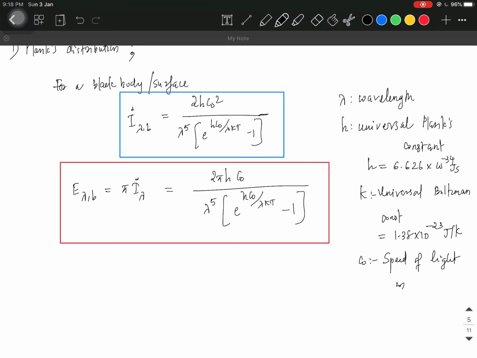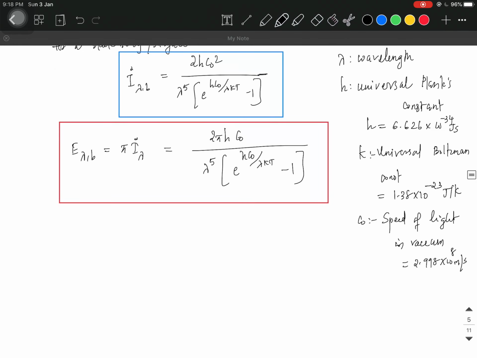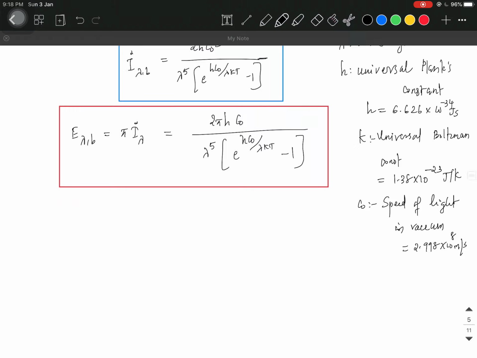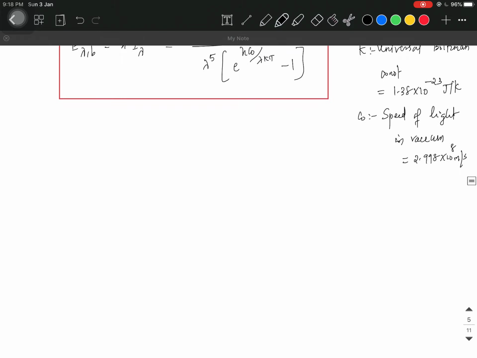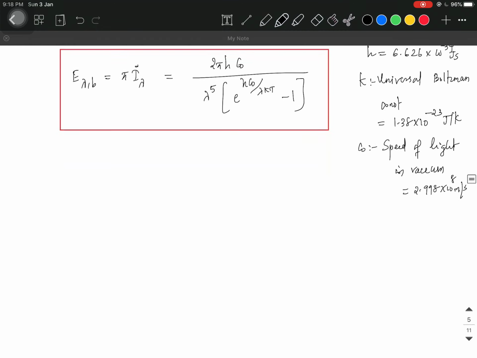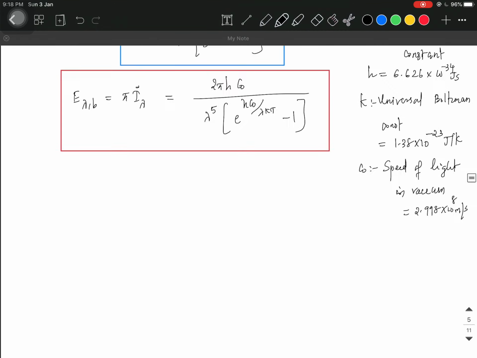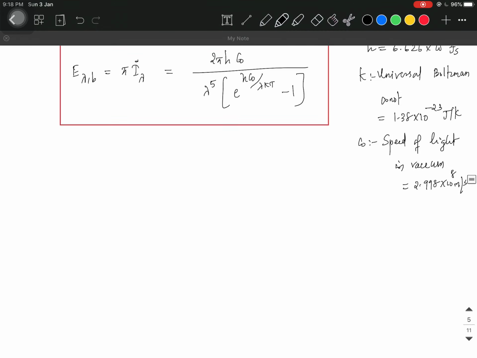And c0 is the speed of light in vacuum, approximately equal to 2.998 into 10 raised to 8 meter per second. E lambda b is the spectral emissive power of a black body.